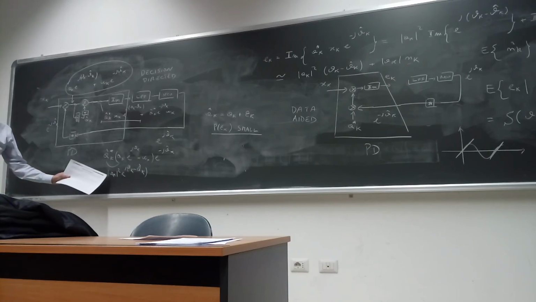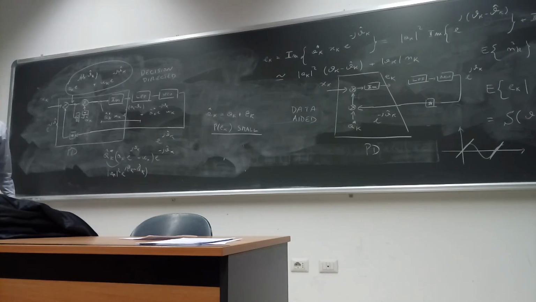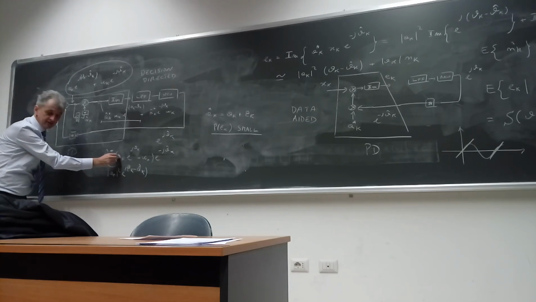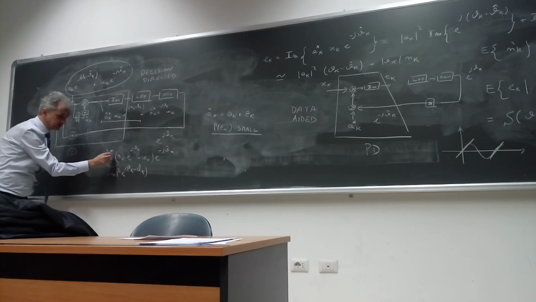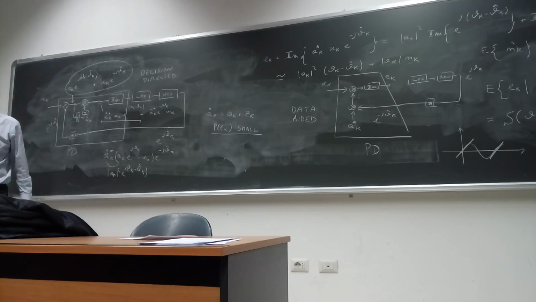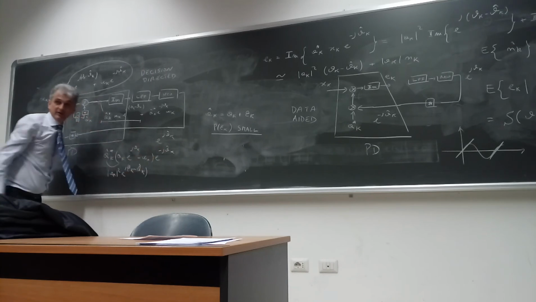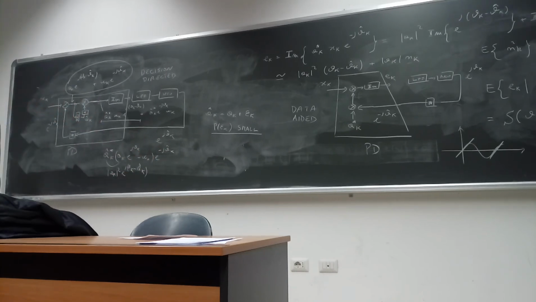This is only amplitude, but as usual, I am taking care of the phase. The problem is that when hat A is not equal to A, then this term is a complex number with a phase that is non-zero.